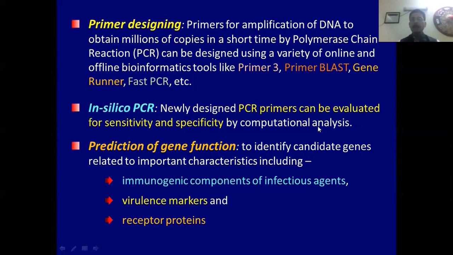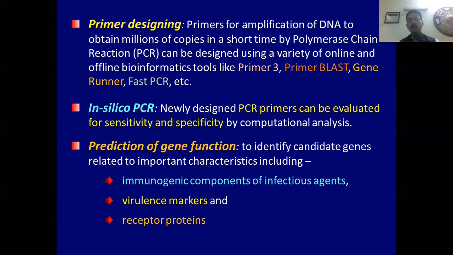Means you can use the computational platform for studying the sensitivity and specificity of the primers designed, so that before taking the primer pairs to your actual lab experiment, you can retest them for their accuracy, sensitivity and specificity. That can be done within a period of 2 to 3 hours, so that you do not fail in your wet lab experiment.